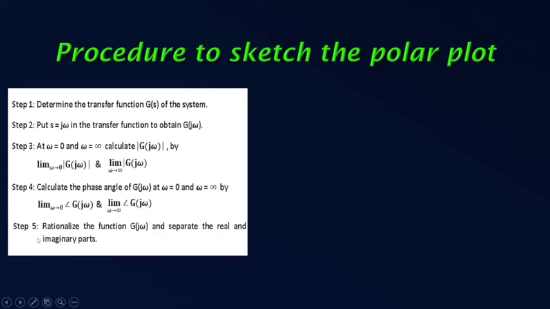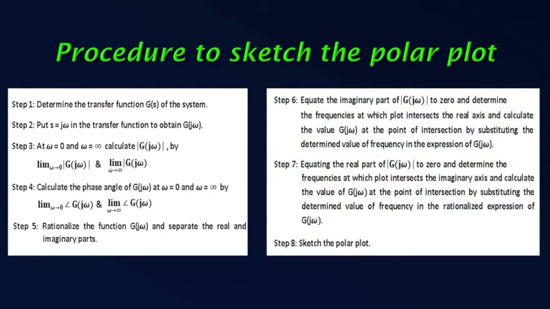Step 5. Rationalize the function G(j omega) and separate the real and imaginary parts. Step 6.